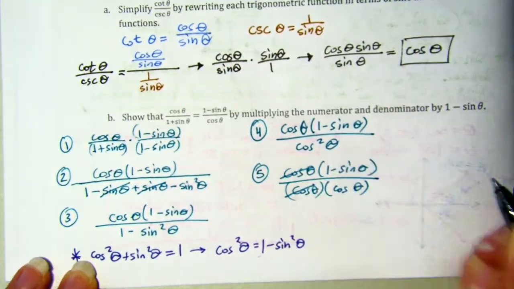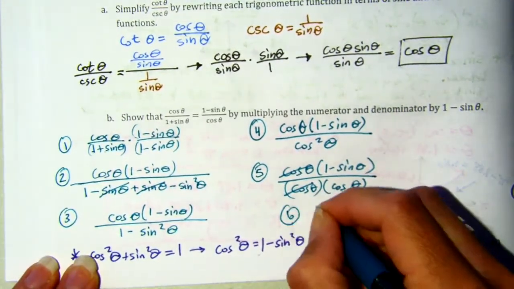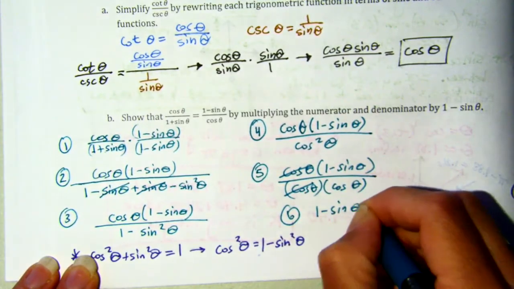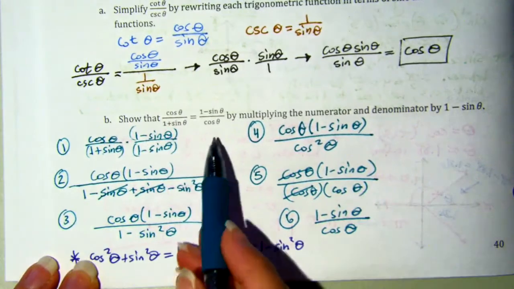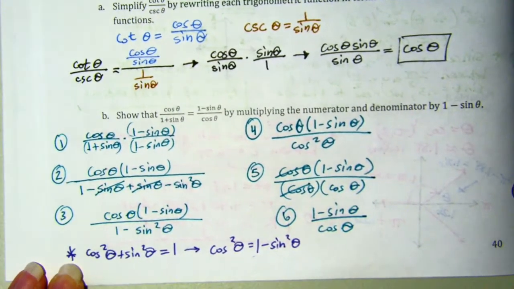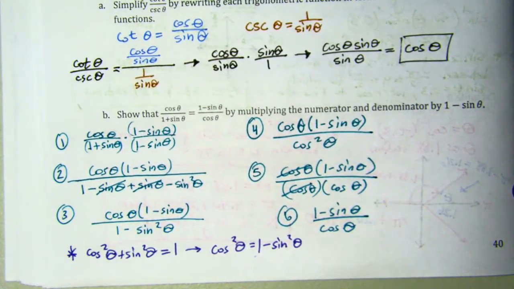When we do that, we are left with 1 minus sine of theta in the numerator divided by the cosine of theta in the denominator, which is what we wanted to get to. So notice how multiplying by a conjugate can help us in many ways.